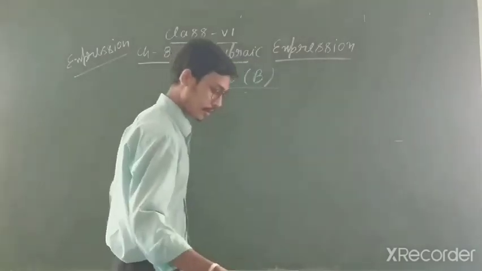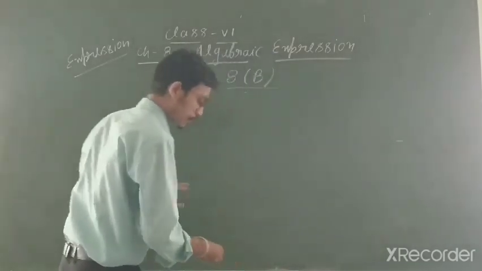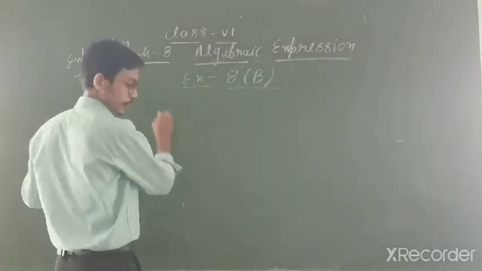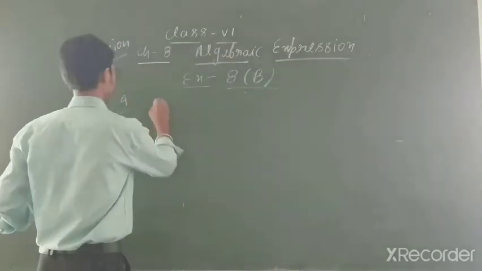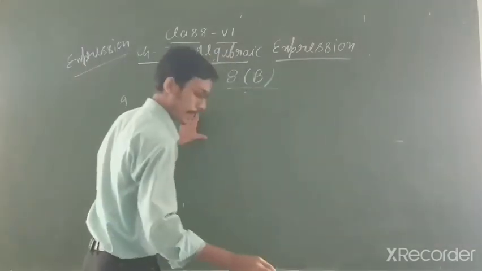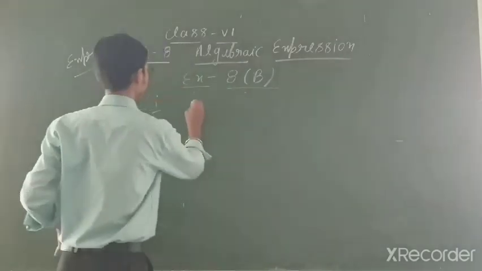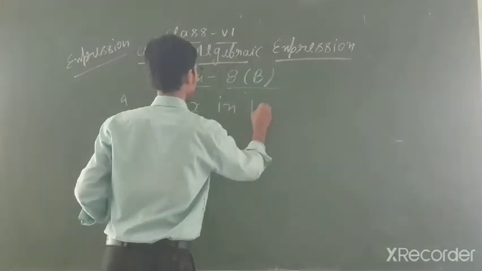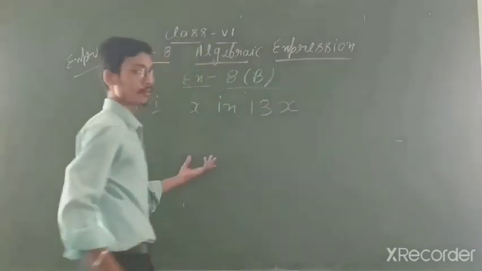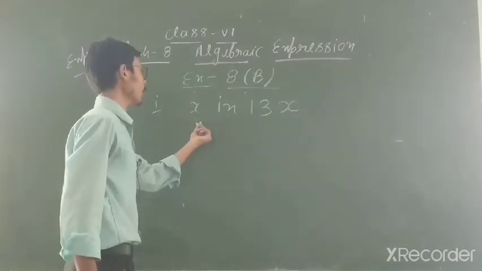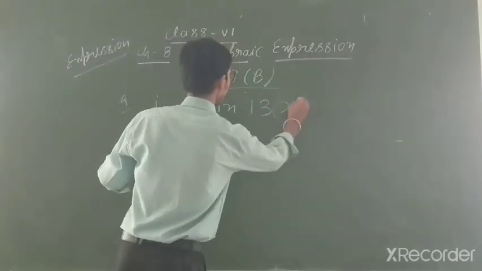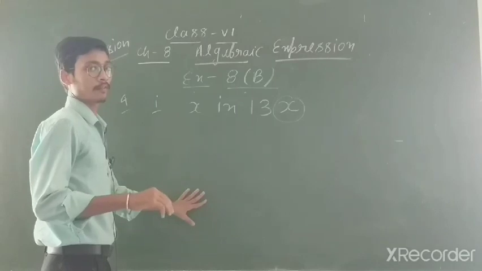Question 4, first question. What is given? You have to find out the coefficient of x in 13x. Very simple student. You have to find out the coefficient of x. So what you will do? You will leave x and write down what is left.